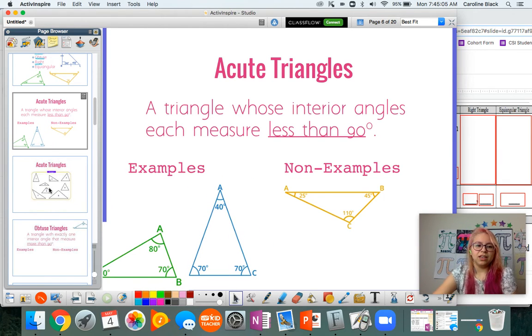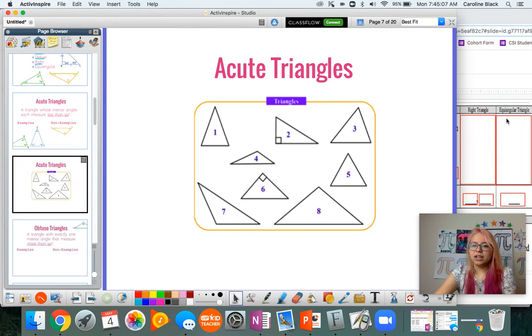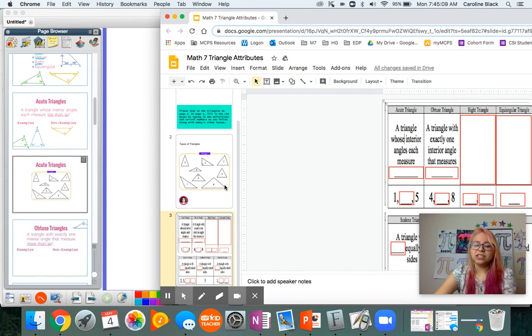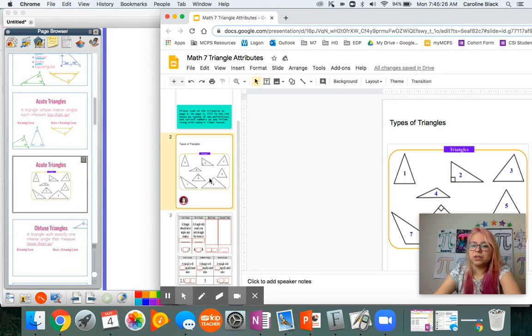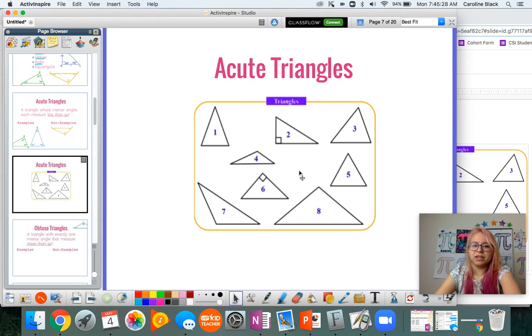Okay, so here in this worksheet, you are asked to list the triangle numbers that fall under those vocabulary words. So acute triangle, we can see they already give us 1 and 5. So if we go back here, and I have a bigger picture, they already tell us that 1 and 5 are acute triangles.